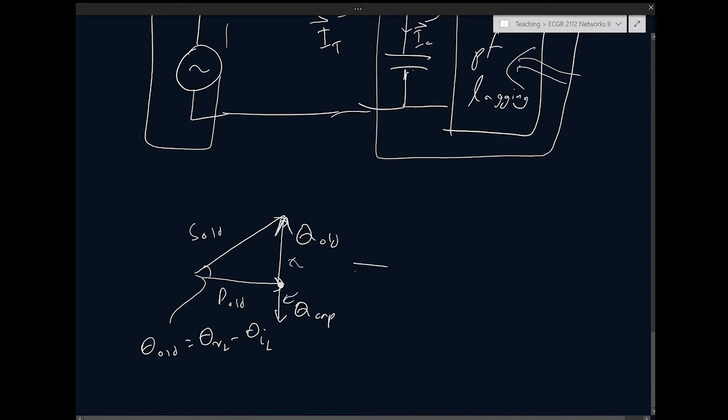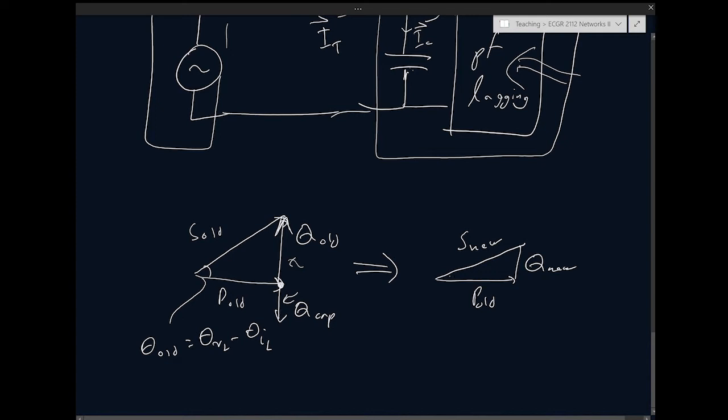If I sum up those two complex numbers, I end up with this smaller triangle. So I end up with Q new here, which is just Q old minus Q cap, and then the same P old. So I kept P the same and I reduced Q, and this is S new.